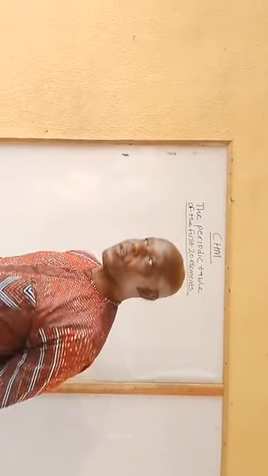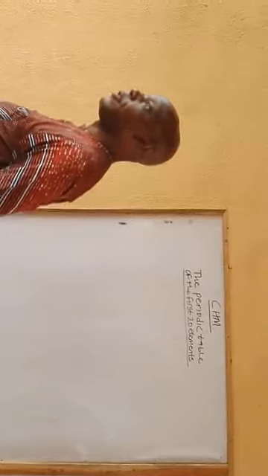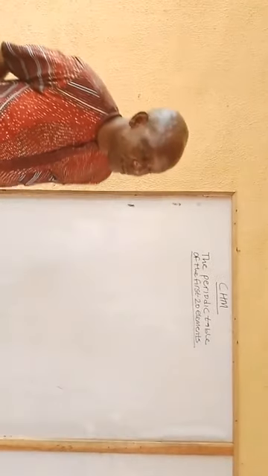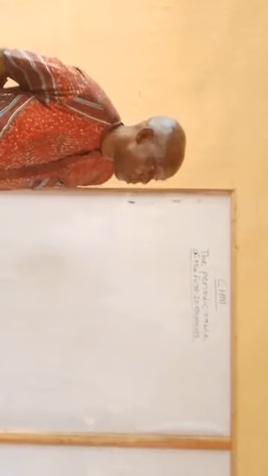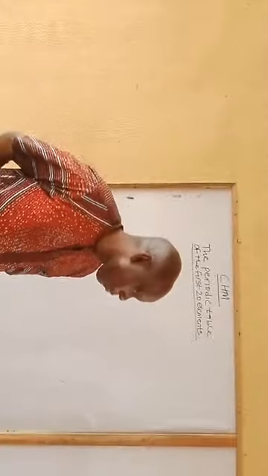What we want to discuss this morning is the periodic table of the first 20 elements in chemistry. Although we have more than 100 elements now around the world, for the purpose of beginners, we'll be looking at the periodic table of the first 20 elements.